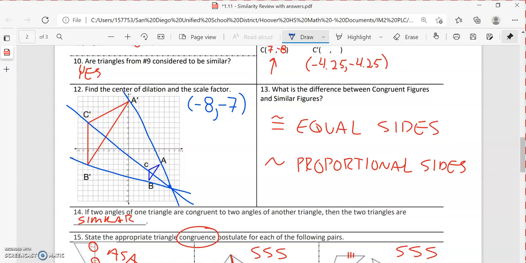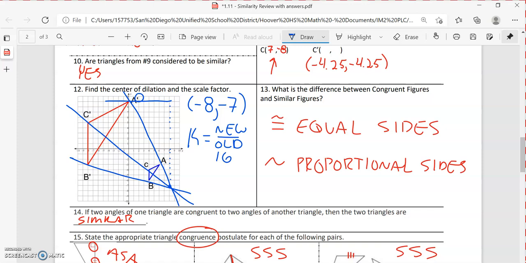And then to find our scale factor, our K, remember it's new over old. Our new shape always has the prime, so that's our new number. We're going to count up from our center. So it's 1, 2, 3, 4, 5, 6, 7, 8, 9, 10, 11, 12, 13, 14, 15, 16 up to our A prime.